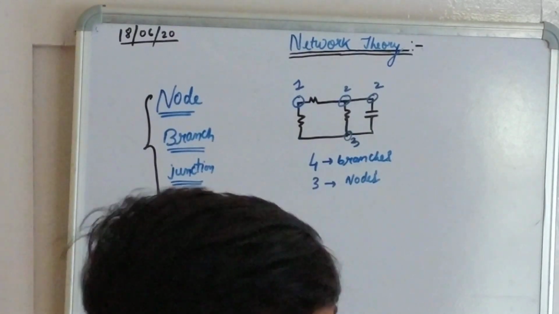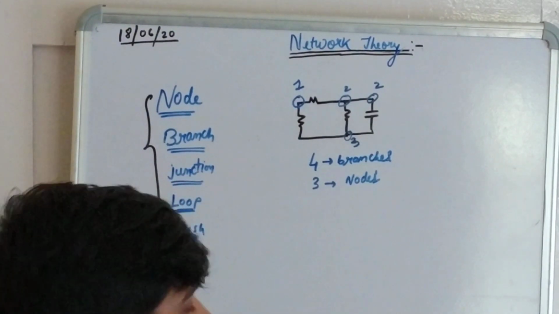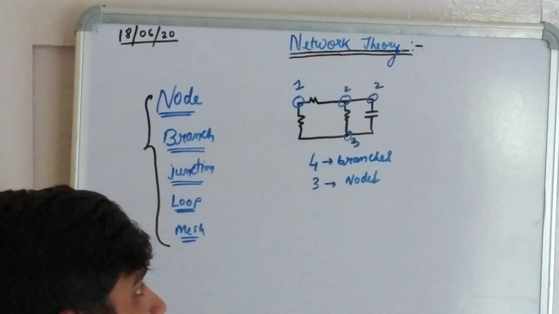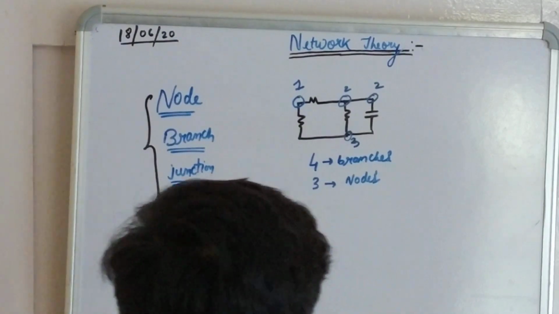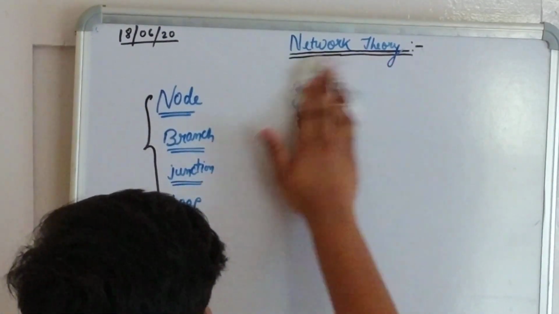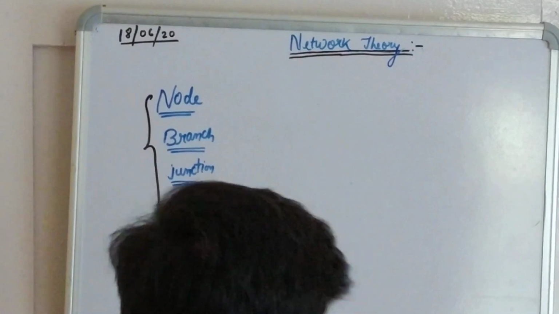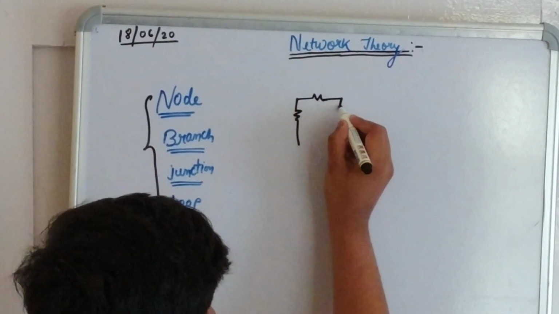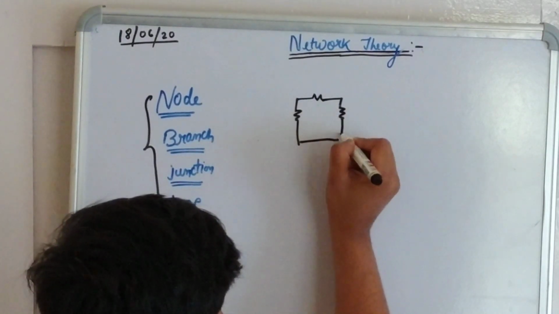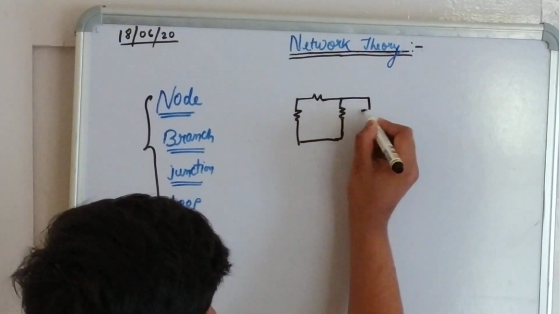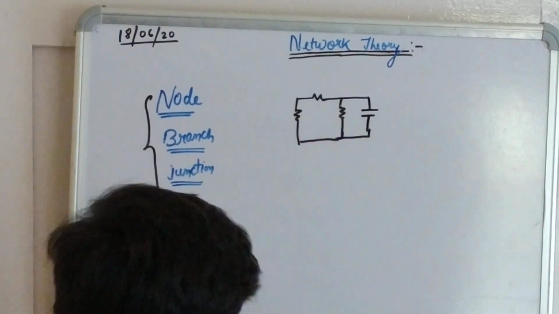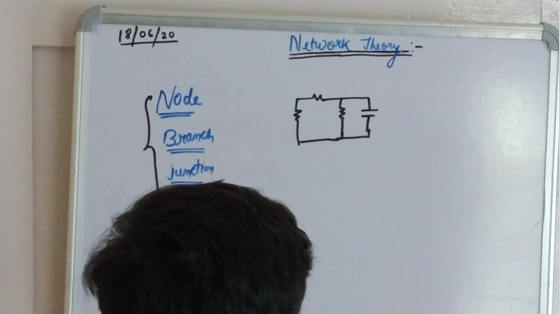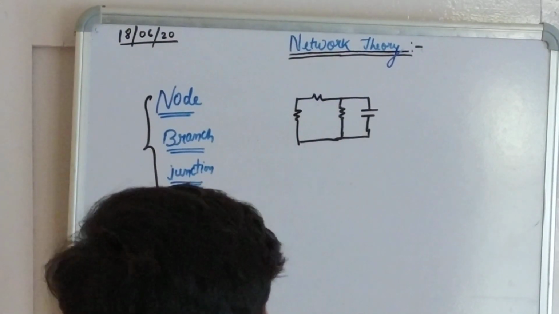Okay guys, now let's come to the junction. What is a junction? Junction is the meeting point of three or more than three branches. Let's draw another network, the same network. Now, what I said is that a junction is the meeting of three or more than three branches.